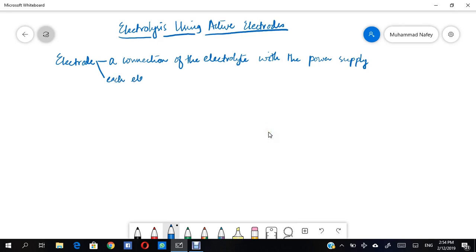Each electrode, with its different charge, helps the cations and anions to be separated from one another.